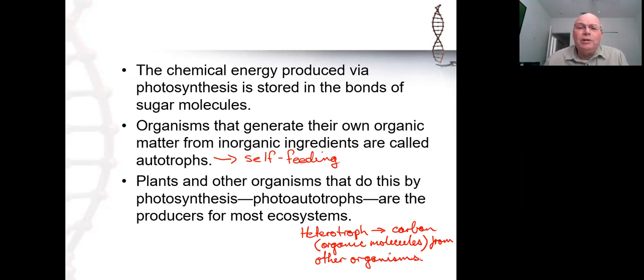So those that rely on light energy, in other words, they do photosynthesis, are then referred to as photoautotrophs, meaning that they not only can feed themselves, but they get their energy from light. When we talk about chemosynthesis, we actually refer to them as chemoautotrophs, meaning they're capable of feeding themselves, but they get their energy from chemicals.